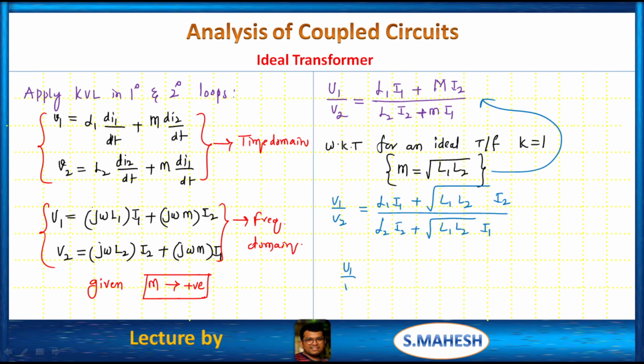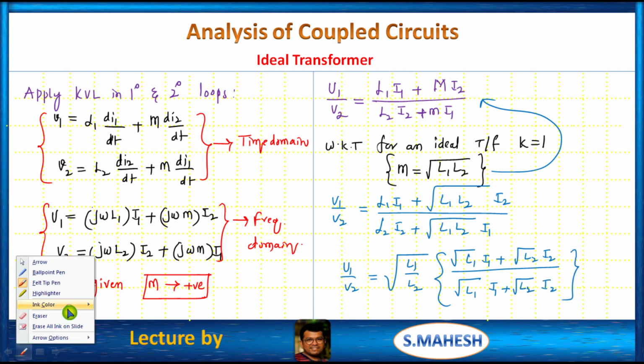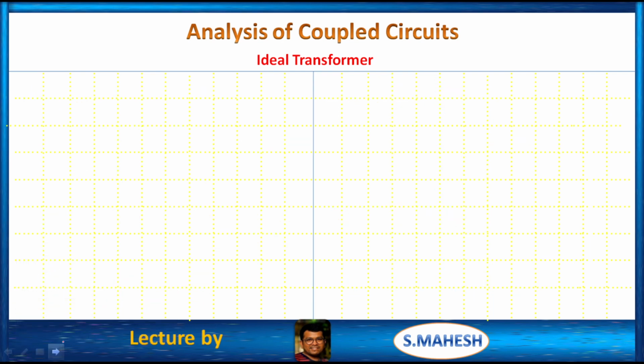So finally, V1 by V2 is equal to square root of L1 by L2 into square root of L1 I1 plus square root of L2 I2 by square root of L1 I1 plus square root of L2 I2. From this, the common part gets cancelled. So finally we have V1 by V2 equal to square root of L1 by L2.